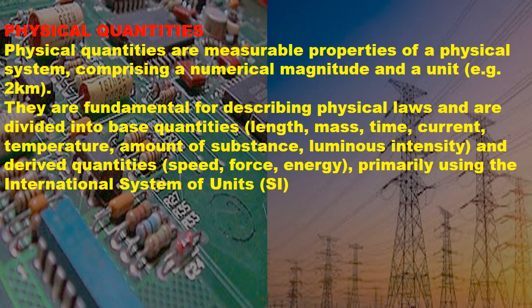So basically physical quantities can be derived or base quantities. So force, speed, velocity, energy, density, pressure, all these are derived from the basic quantities, primarily using the international system of units.